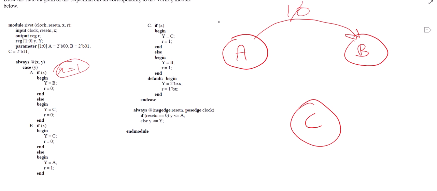So that 1/0 means if the input is 1, follow this direction, and also the output is going to be 0. Then we get to our else. So our else means that X equaled 0. So if X equaled 0, then our next state is C. So that's a 0 slash, and our output R equals 0.